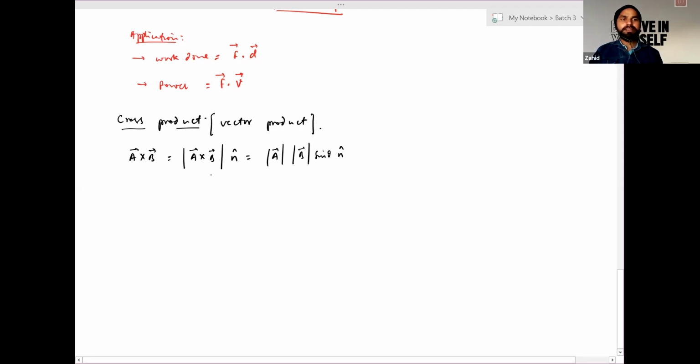So this is a formula. I'm defining how to take the cross product and how to define direction.